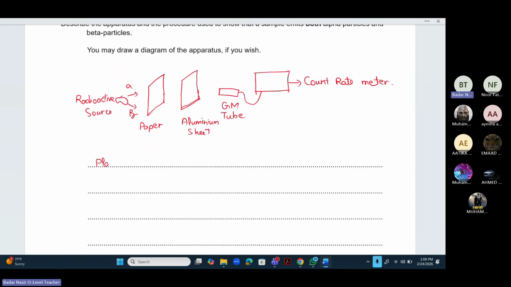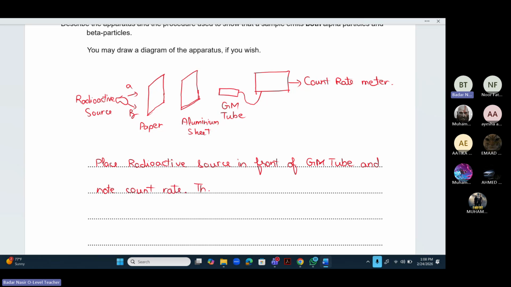Place the radioactive source in front of the GM tube. Okay? So we have to place the radioactive source in front of the GM tube and note the count rate. Okay?